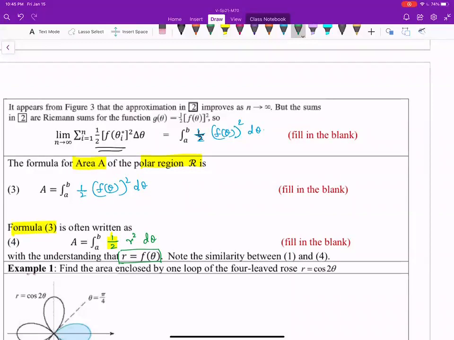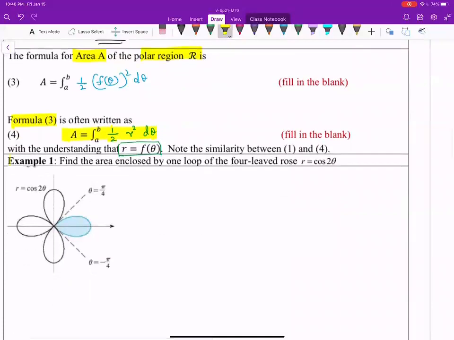So the area inside the polar curve bounded by the lines theta equal to a and theta equal to b is given by this definite integral, a to b half r square d theta.